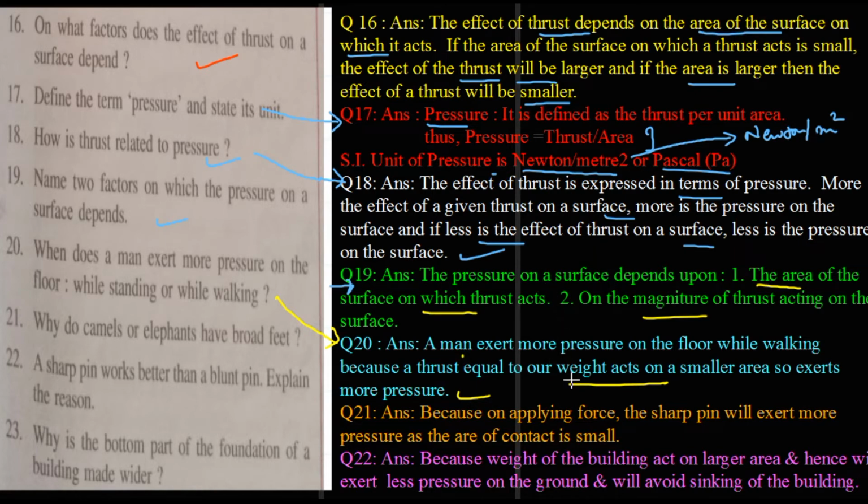So students, while walking, thrust equal to our weight acts on the smaller area on which our foot resides. So the area is small, so pressure would be more. If the area is small, the pressure would be more, right?